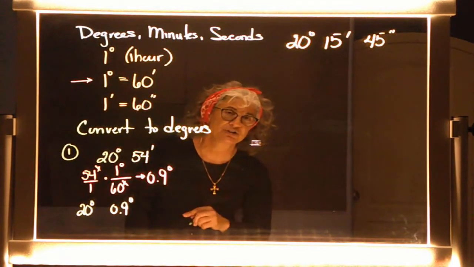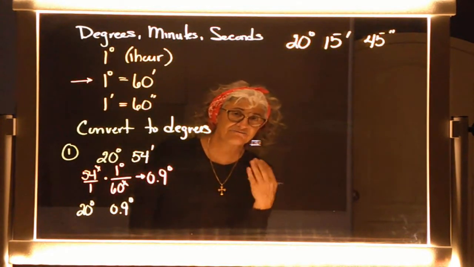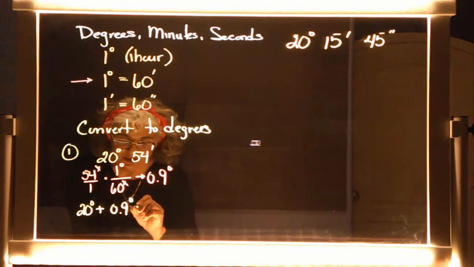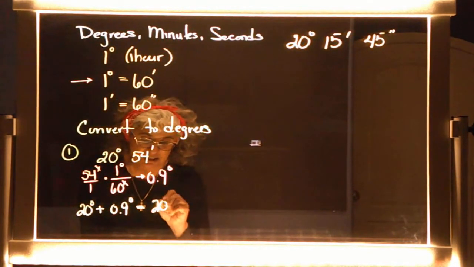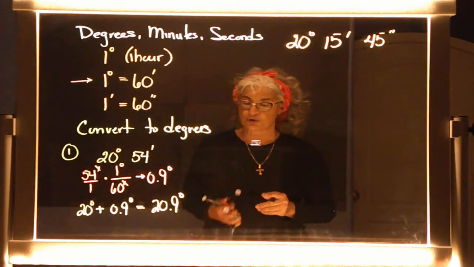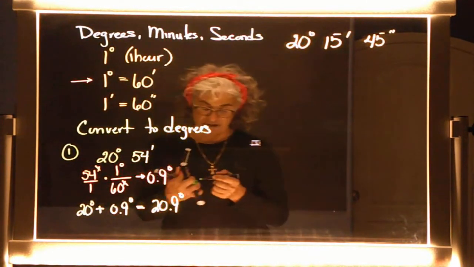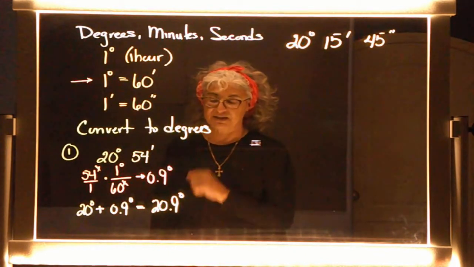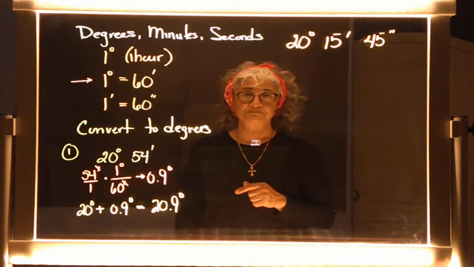What do you think you're going to do between these 2 degrees to get the final answer? Yeah, you're going to add them, which gives you a total of 20.9 degrees. So 20 degrees and 54 minutes is equivalent to 20.9 degrees. Cool?